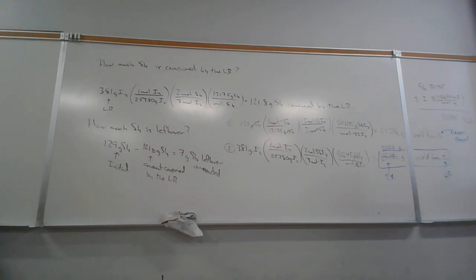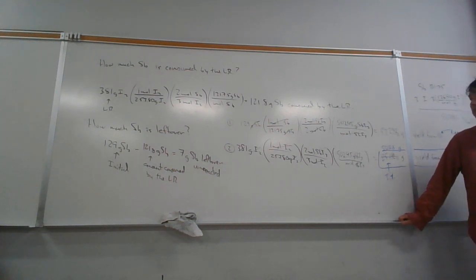To calculate how much antimony is consumed by the limiting reagent, could you also go from the grams of product calculated from iodine, and then do a mass ratio to antimony?